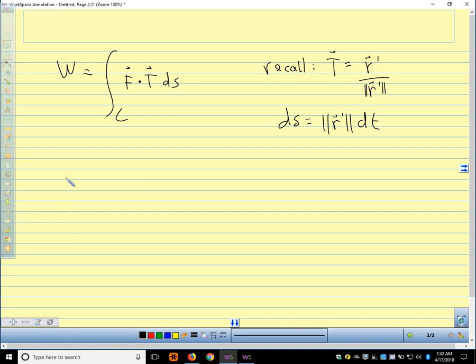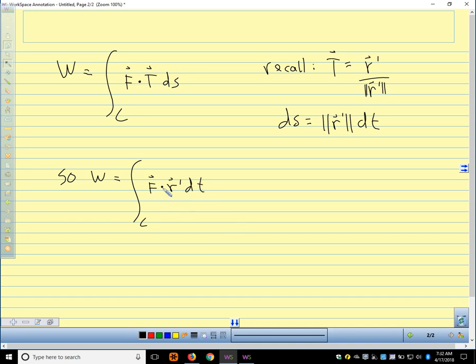So our work is going to be the line integral over our curve of F dot r prime. So if I substitute r prime over the magnitude of r prime for the unit tangent vector, and the magnitude of r prime dt for our ds, I need one other thing, dt.